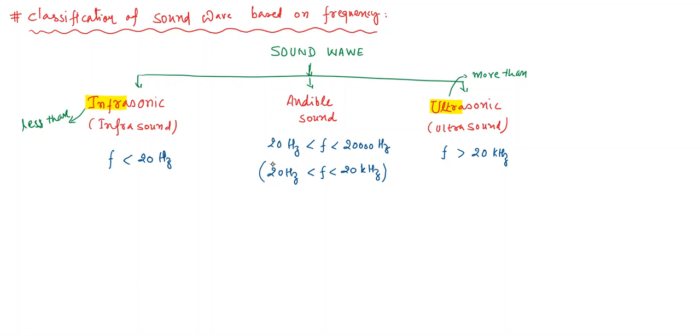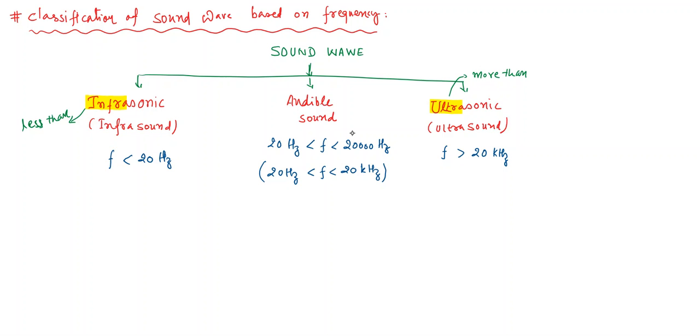So any sound having frequency less than the audible sound, we use the word infra before the sonic or sound word. So sound which is less than the audible sound is known as infrasound, and ultra is used for more than; the meaning of ultra is more than something.